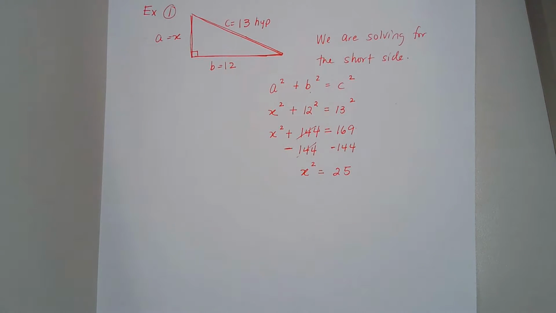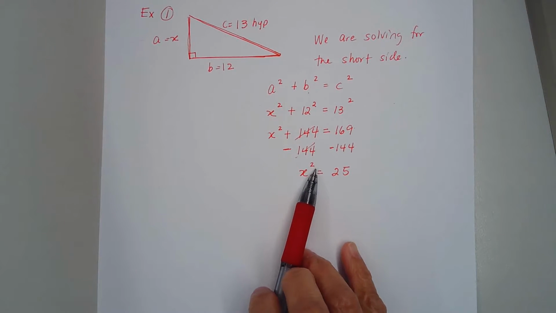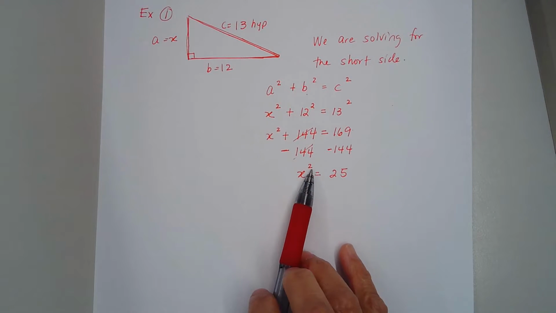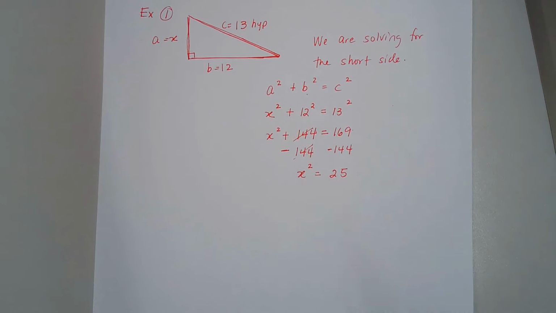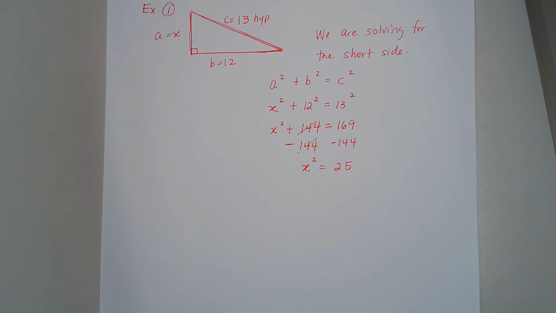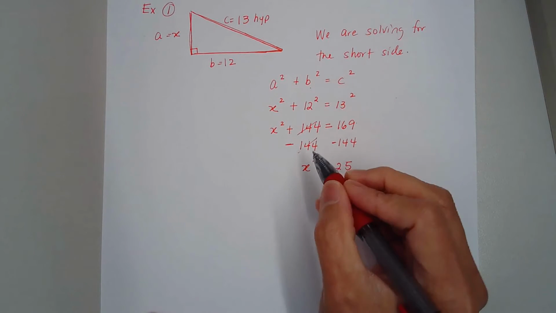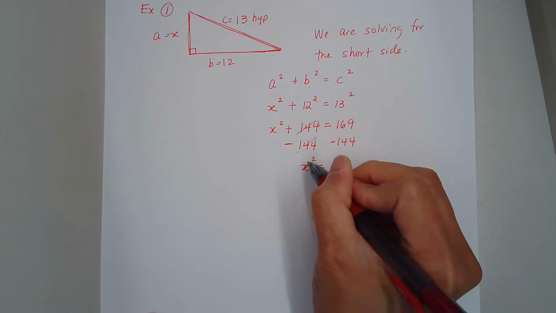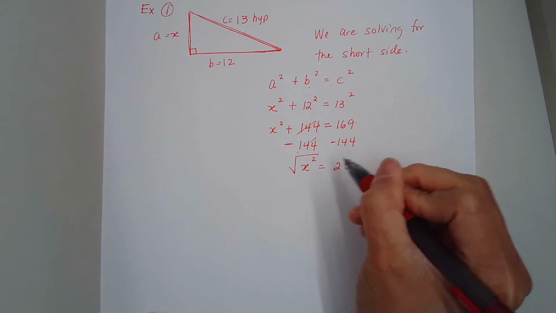x is almost alone. What's the next thing that we gotta get rid of? We have to get rid of the squaring. How do we get rid of squaring? Using a root. Square root. So now to get rid of the squaring, you gotta do the square root.